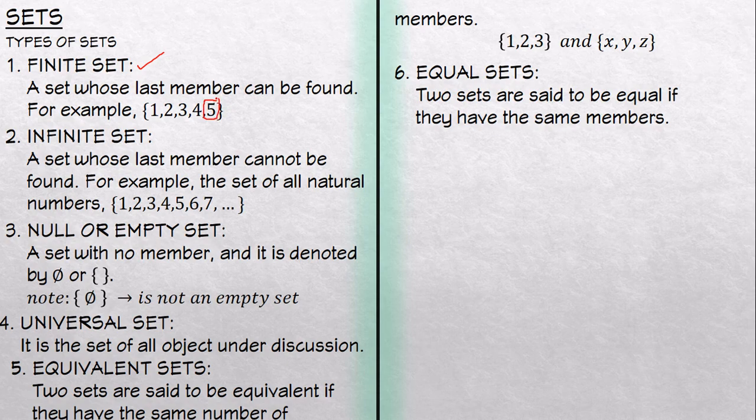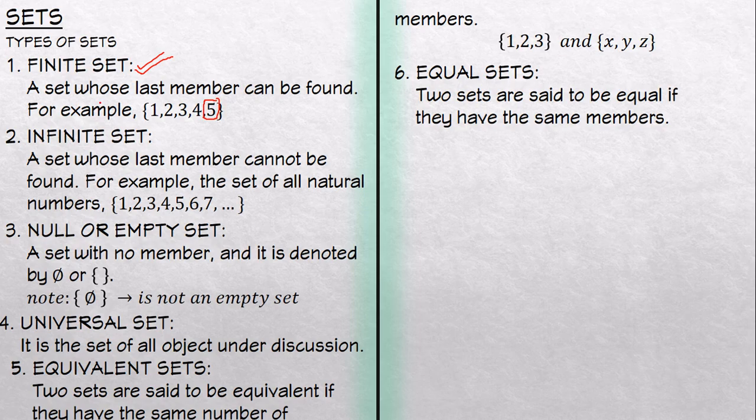So it is a set where we know the number of elements, or we know its last member. Alright, so we can put a number to the number of elements in the set. Maybe the number of elements in a set is 10, or 20, or 1,000, or 100, or 1 million.